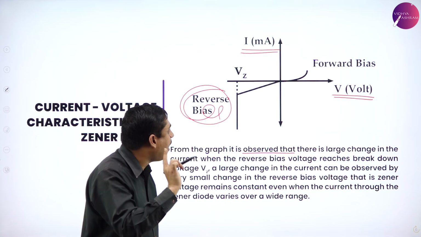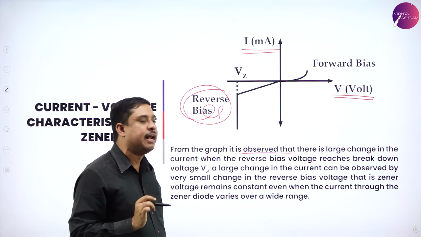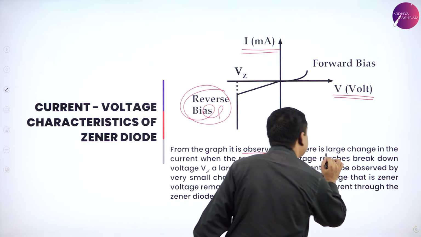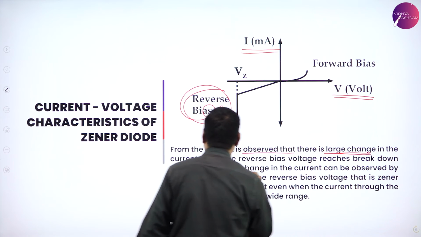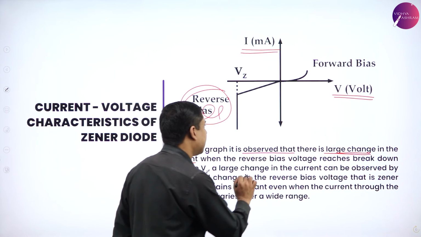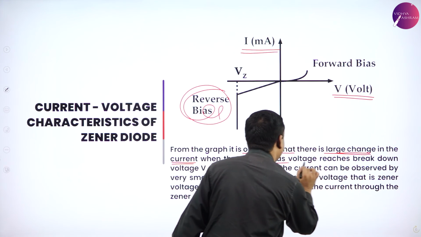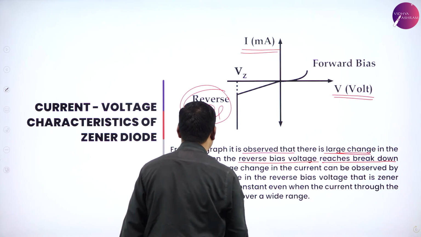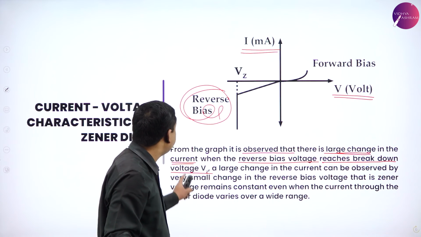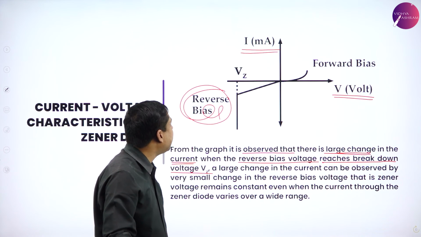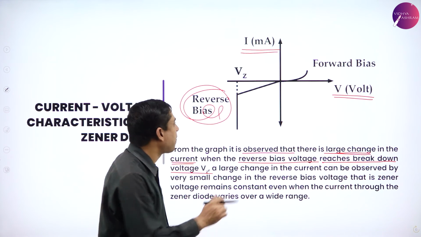there is a large change in current, an exponential change, a huge change in current when the reverse bias voltage reaches something called the Zener breakdown voltage.